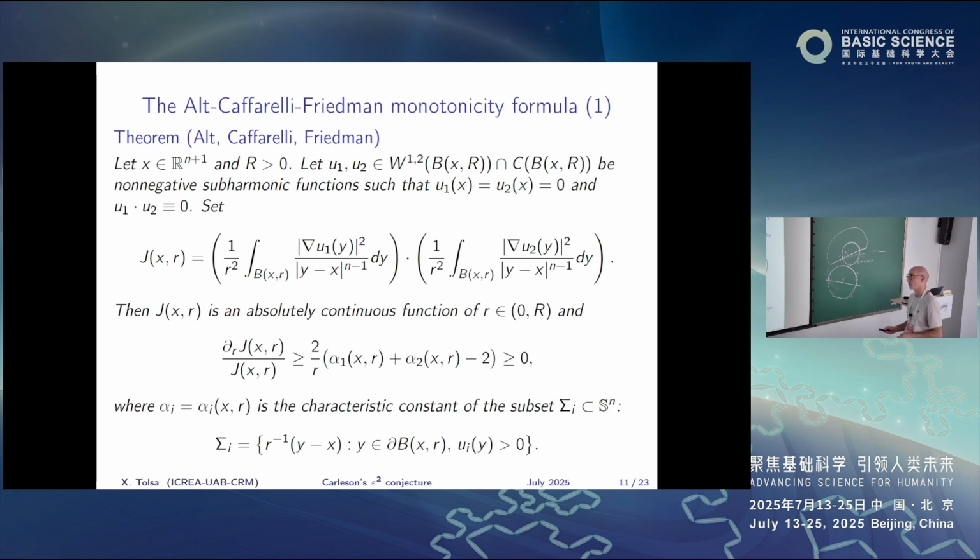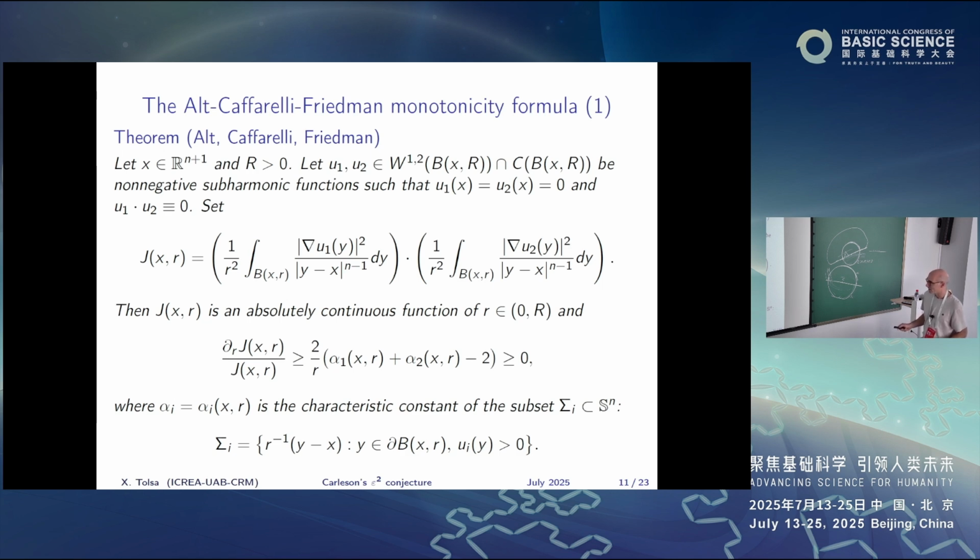All right, then one considers this product involving the gradient of u1, and this product involving the gradient of u2. One can check that this is scale invariant. This factor is the same as this one, changing u1 by u2.